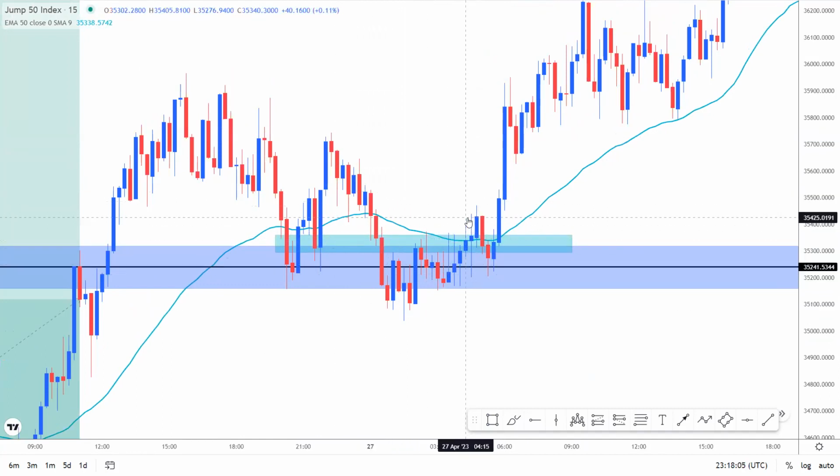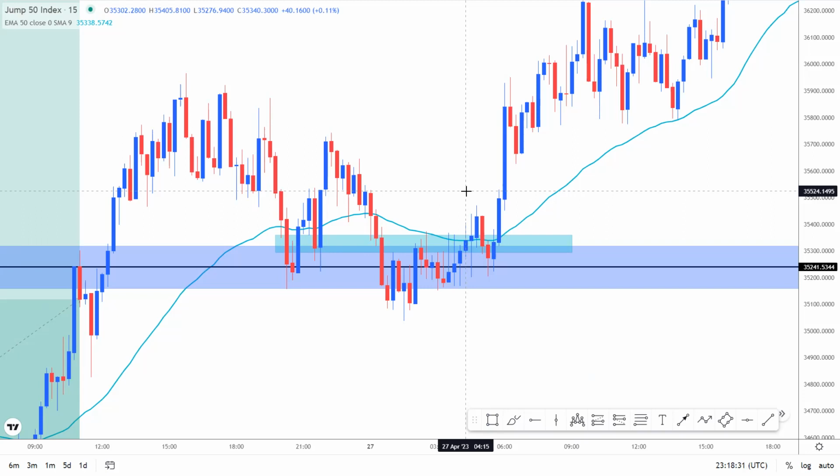Guys, you have to understand that the market is fractal. What I mean by that is whatever you see happens in the higher time frames also happens in the smaller time frames. So once you identify the higher highs and the higher lows on the higher time frames, moving down to the smaller time frames, you have to understand price will also print these same patterns, higher highs and then higher lows.